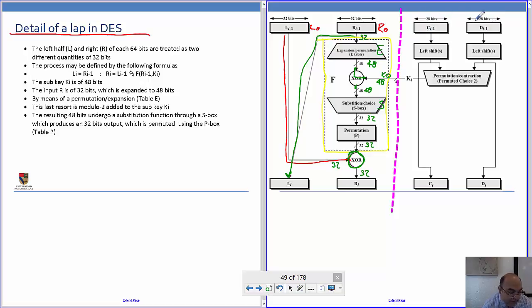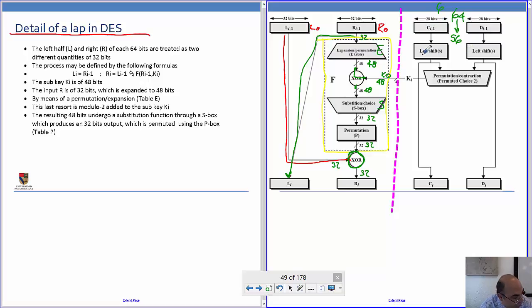C and D, they both are 28 bits. They were already reduced. At the beginning, there were 64 bits, and they were reduced to 56. Okay, remember, we take out the parity bits.